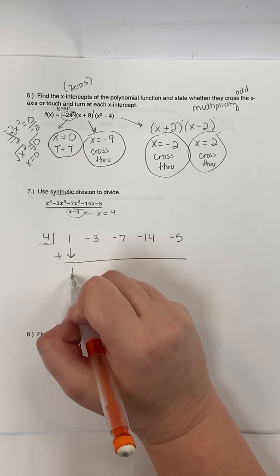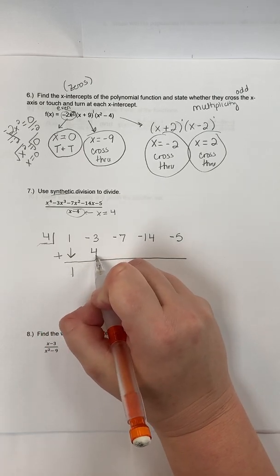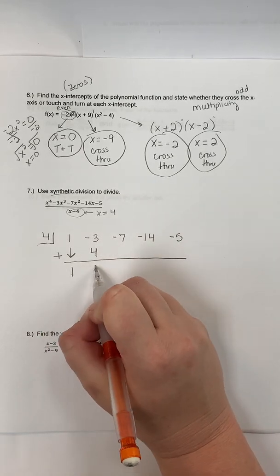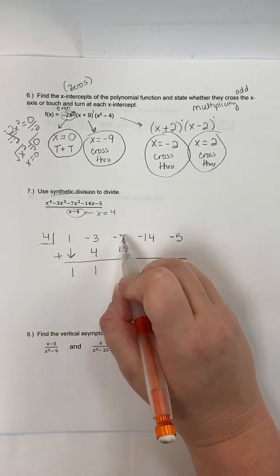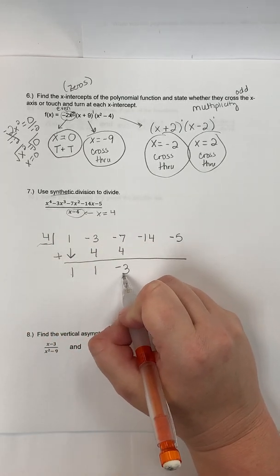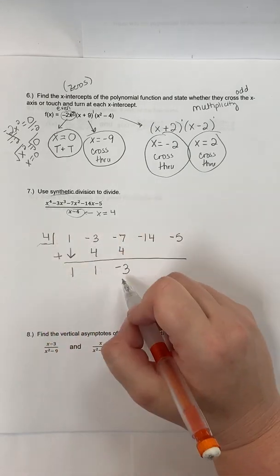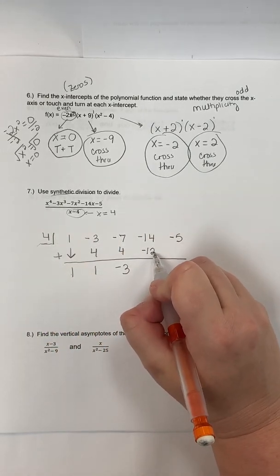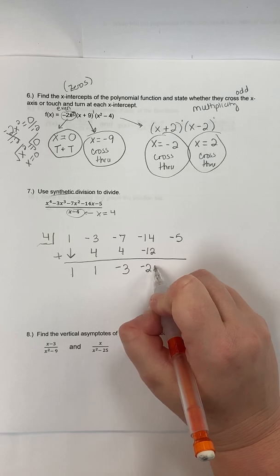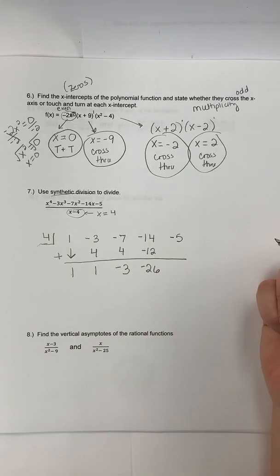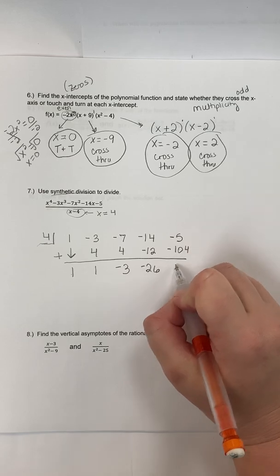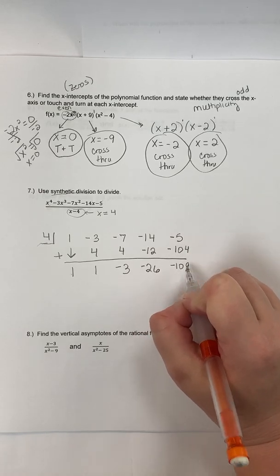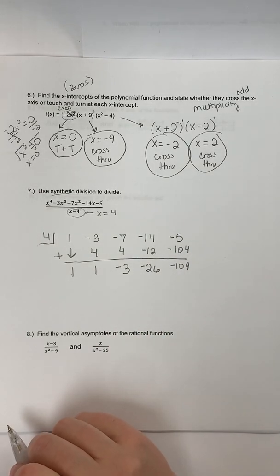And now I'm going to add these, but I'm going to bring down my first number. So I'm going to have 4 times 1 is 4. -3 plus 4 is 1. 4 times 1 is 4. Add those, we get -3. 4 times -3 is -12. Add, we get -26. 4 times a -26 is a -104. Add those and we get -109.